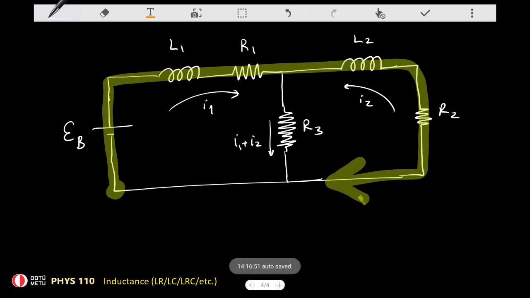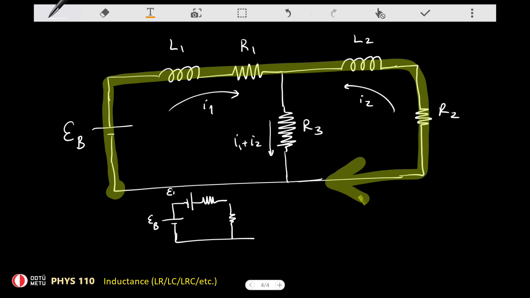So what I need to do is to first replace this circuit with this one. Battery is as it is. So this middle branch is as it is. So L1 is replaced with an EMF device with a polarity looking towards right. So this is EL1. This is R1.